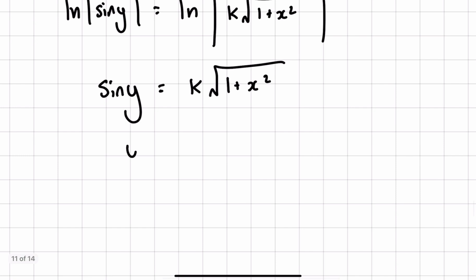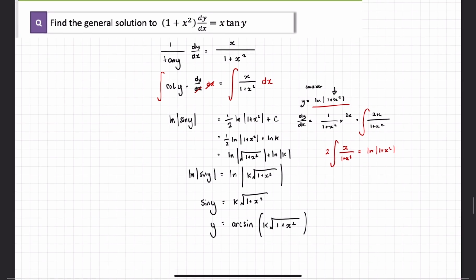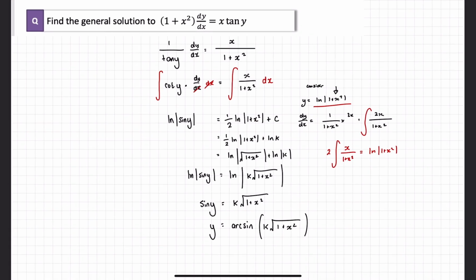So final answer, y equals the inverse of sine, but in maths we write it as arc sine of k root 1 plus x squared. Fantastic, and there we are. So really nice. Okay. Yeah, I think in the mark scheme you can kind of skip this line, but I put it in, it makes me feel a bit better about myself and I know what I'm doing.